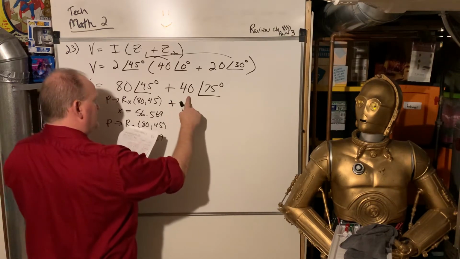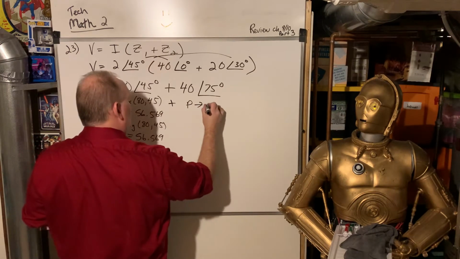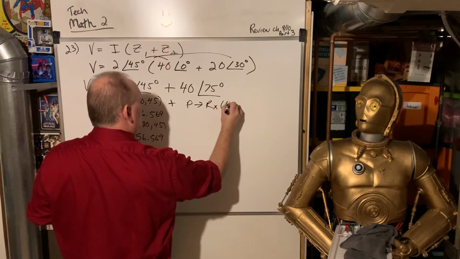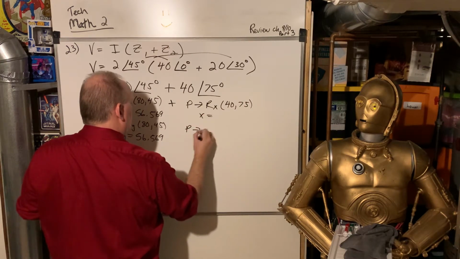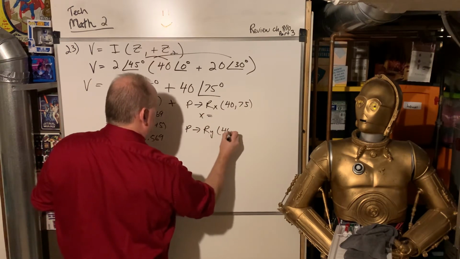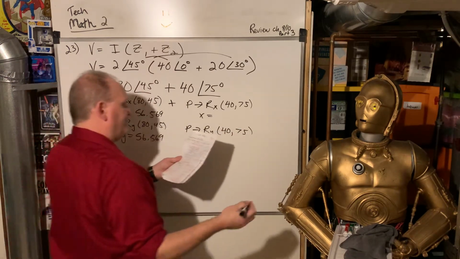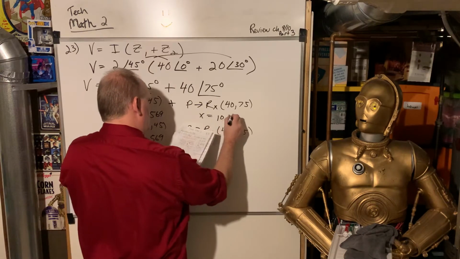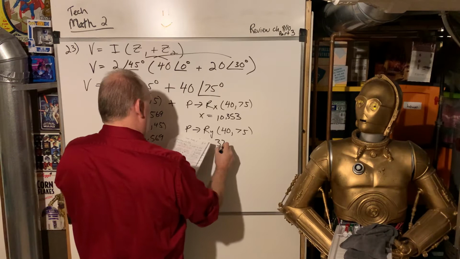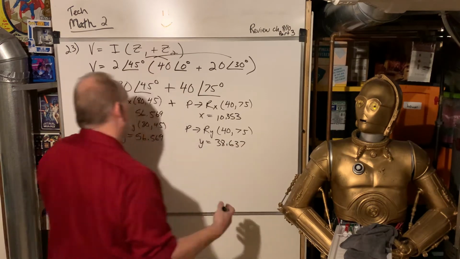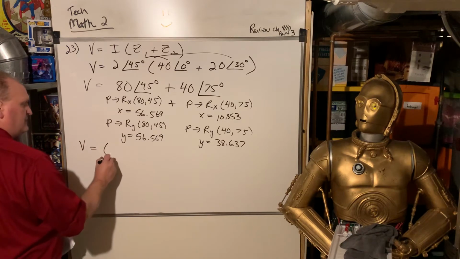All right, so this, though, is, again, not easy. So from polar to rectangular x, 40 comma 75, and polar to rectangular y, 40 comma 75. And so we get 10.353 and 38.637.